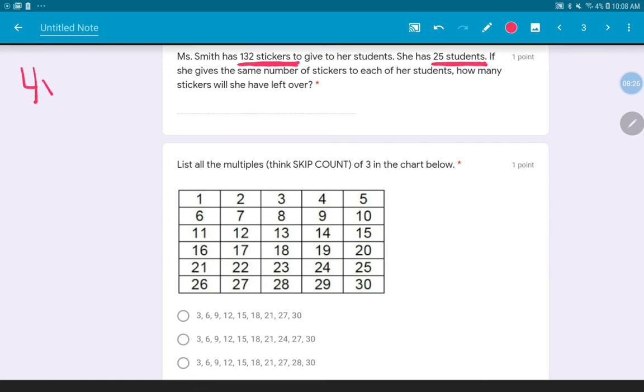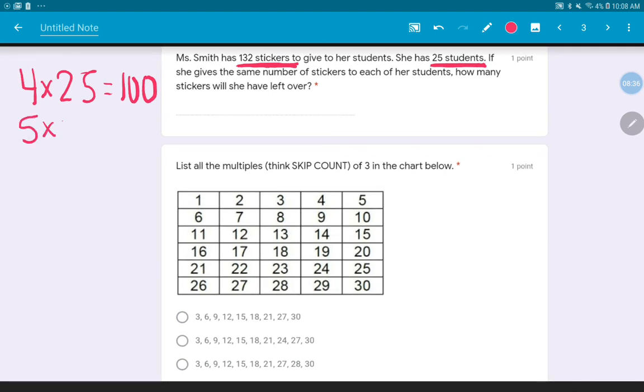So 4 times 25 equals 100. What if I had another quarter? It would be 125. Could I give them another one? No, that'd be 150. That's too much.